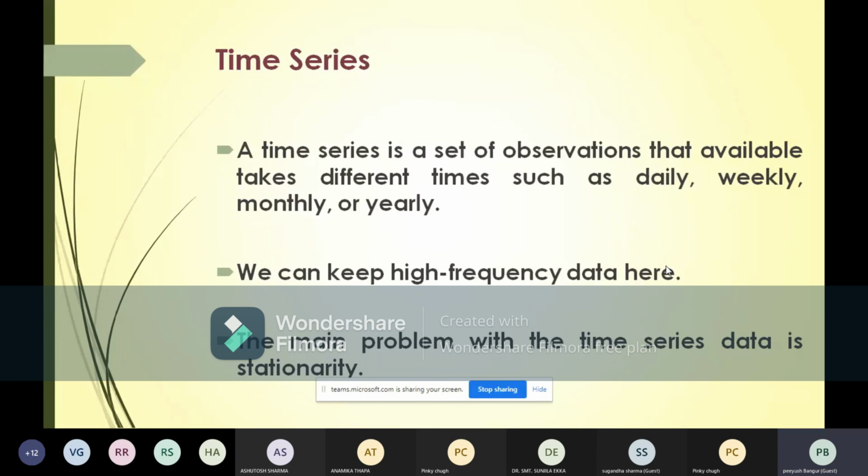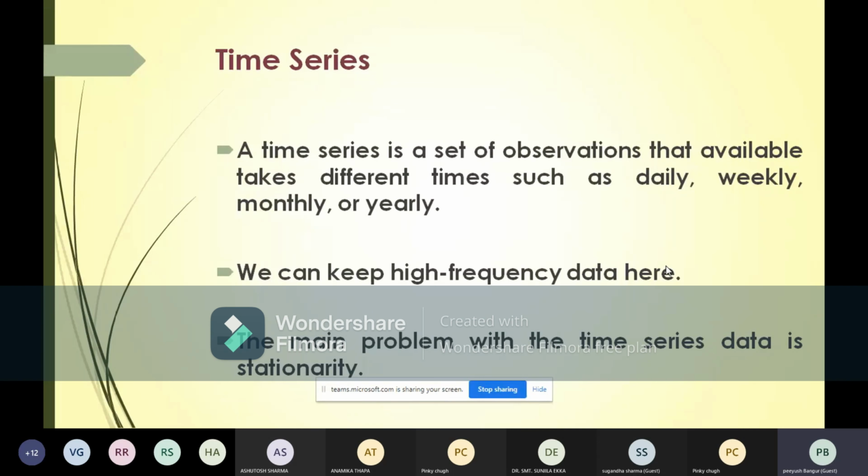Now, the main problem with time series data is stationarity. See, friends, this is the biggest problem that time series data has. In this case, we have to look into the lag structure type of research methodology. We have to do some lags: 1 lag, 2 lag, 3 lag.